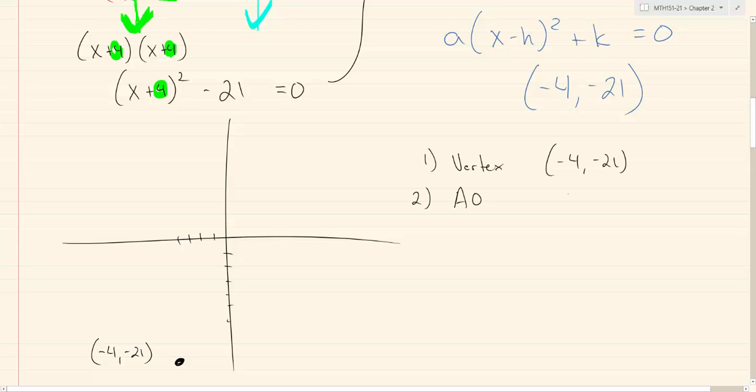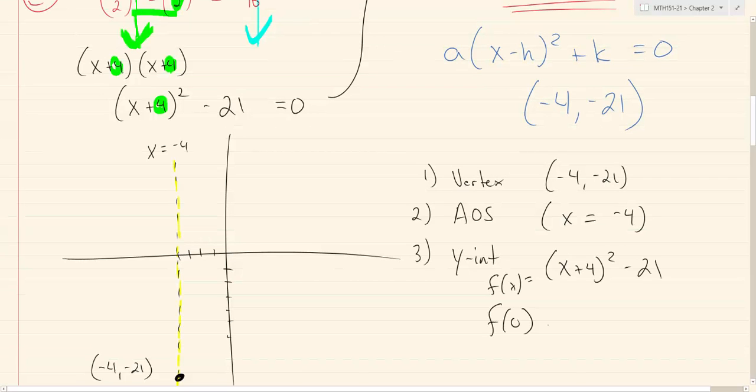So where's the axis of symmetry? x equals negative 4. f of 0 is going to be 4 squared minus 21, which is 16 minus 21, which is negative 5. So our y-intercept is at negative 5, probably somewhere around here, 0, negative 5.